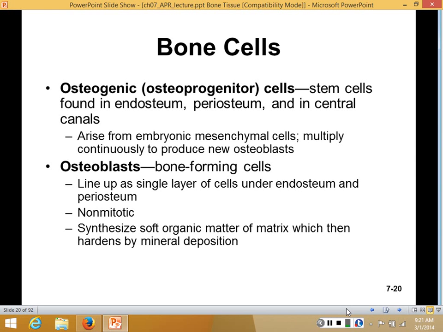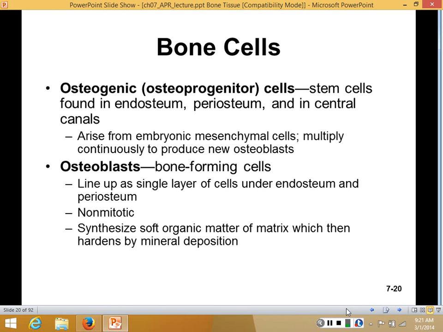If you look on page 209 of your textbook under osteoblasts, as I stated earlier, stress and fracture stimulate your osteogenic cells to multiply more rapidly and quickly generate increased numbers of what? Osteoblasts, which reinforce or rebuild what? Bone.